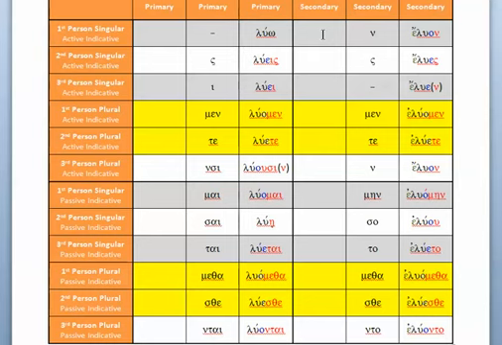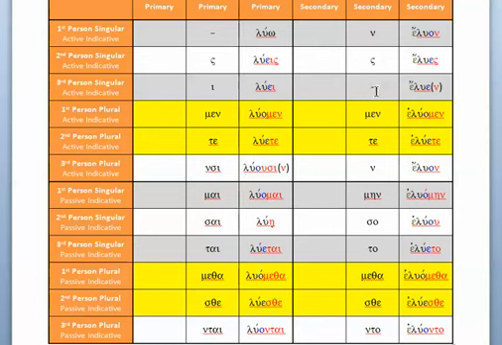You'll also notice that I color-coded all of this, like Mounce has, to include not only the connecting vowel, but the ending. That will help you, especially in areas like this, where you have the secondary active endings, which I memorize as nu, s, null, men, te, n, but again, you memorize it any way you like.